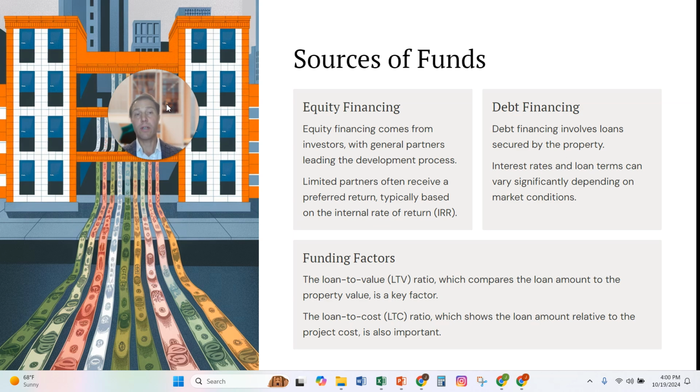Along with that, we're going to look at how the debt really affects our valuation. We're going to look at the loan to value and the loan to cost ratios. Lenders will look at this when they're evaluating your property to determine if they will actually fund it, how much equity they may require you or your investors to put in the deal, and how much they are willing to lend.